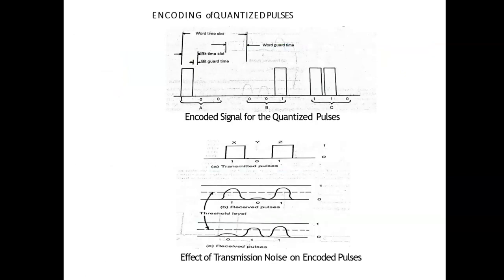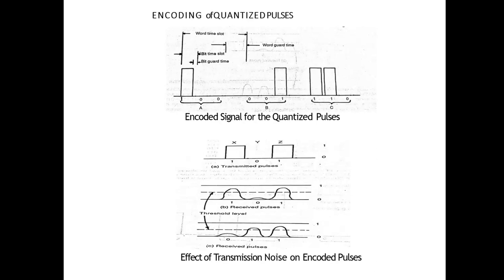The PCM transmitter consists of three main parts: sampler, quantizer, encoder. The output of the PCM is digitized pulses, zeros and ones. These digitized pulses are transmitted to the receiver through the communication channel. During transmission through the communication channel, noise or distortion will be added.